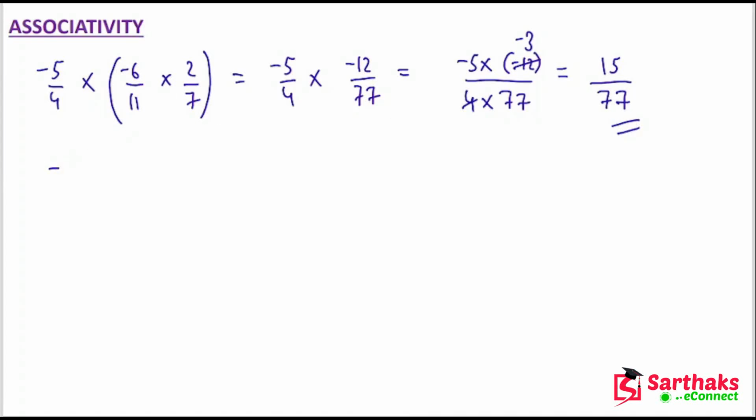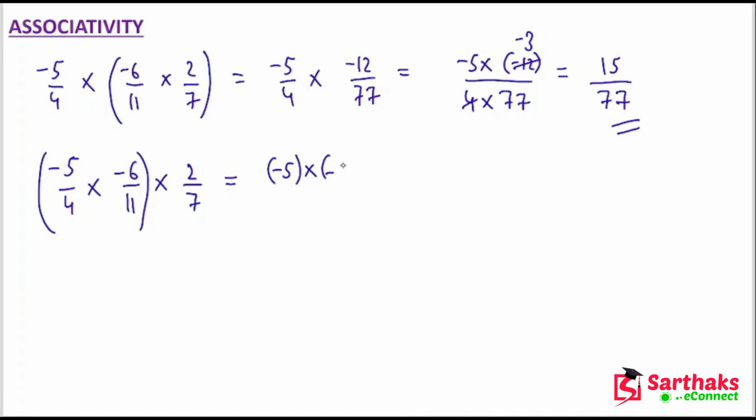Now let us multiply it like this. So we will have -5 into -6 whole upon 4 into 11. We can cancel it out with the common factors.